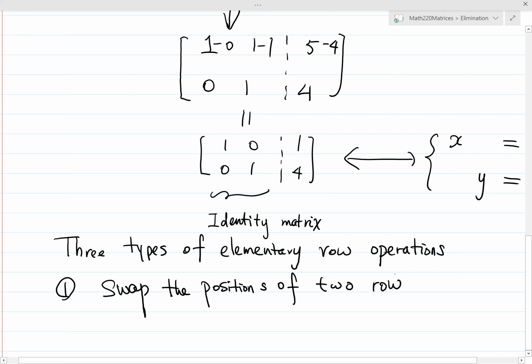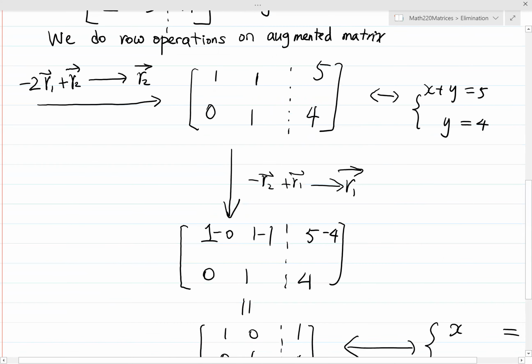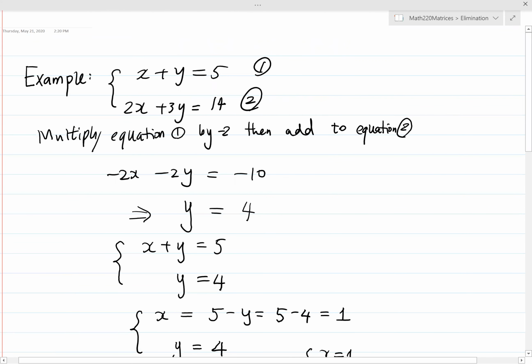This corresponds to switching the location of two equations. If we switch these two equations, this does not change the solution.